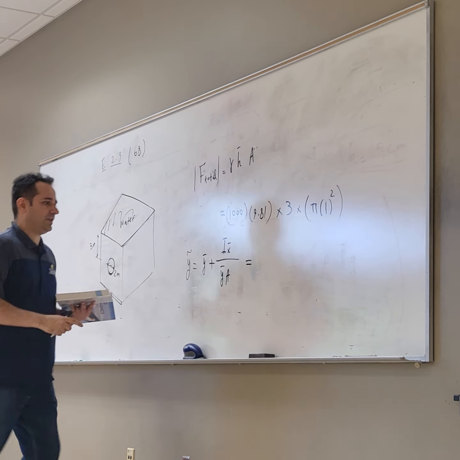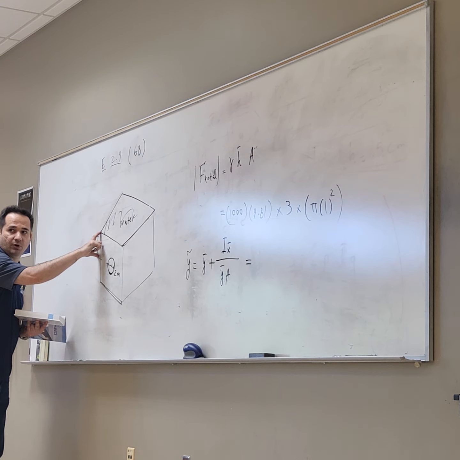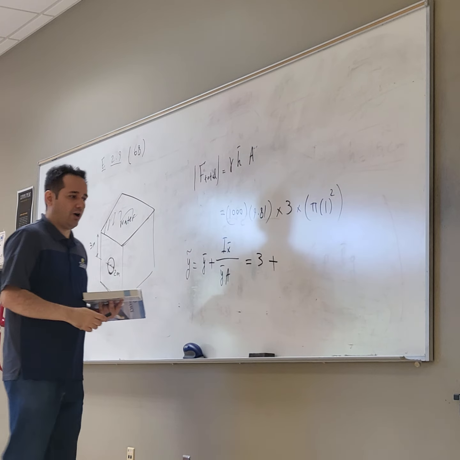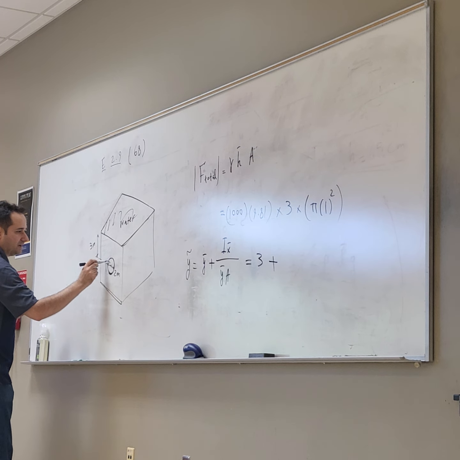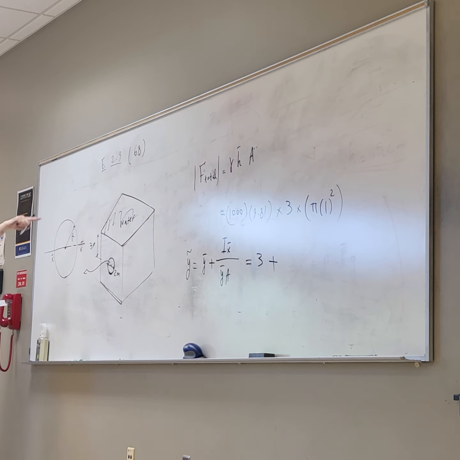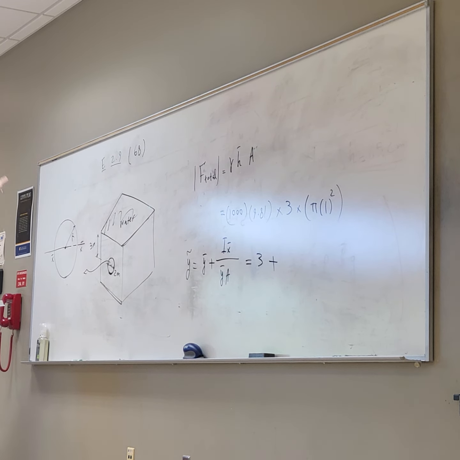What is my y location of the centroid from the level of the water? 3 plus I x bar. I x bar, look at this circle, is the moment of inertia of a circle with respect to its centroid, the x bar axis passing through the centroid. Now you go to the table of moment of inertia in the appendix of your test. You see there are different shapes: rectangle, circle, triangle.